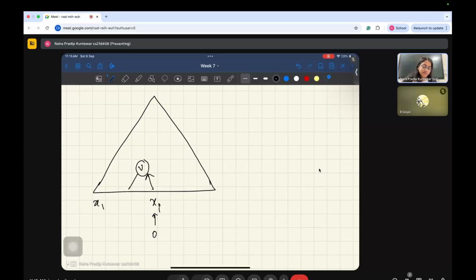If xi were 0 earlier and xi prime is now 1, then whatever was being computed at this particular gate, it cannot be that if it were a 1 it will suddenly become 0. If anything, it can only increase, because it's an OR gate. Earlier, let's say this is 0 and this is 0, maybe it was computing a 0, but because this became a 1, the output here can only increase for this particular gate.